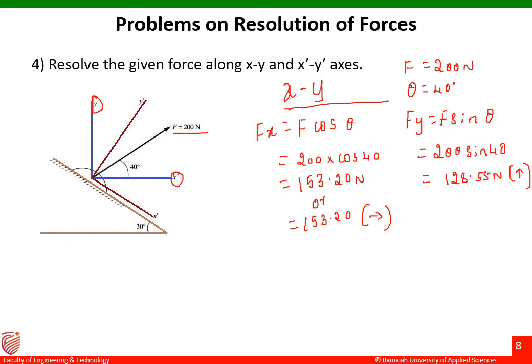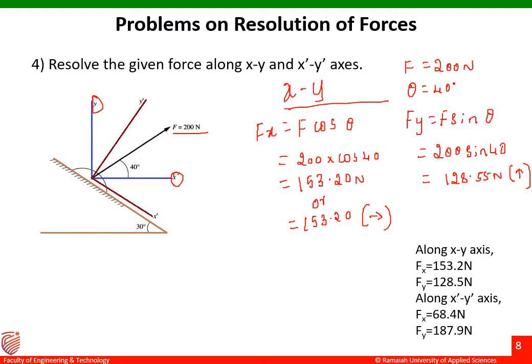So this is my resolution of the given force, that is 200 Newton, with respect to x and y axis. The answer you can see on the screen: my Fx answer is 153.20 and my Fy answer is 128.55 Newton. So we'll go for x dash y dash axis now.